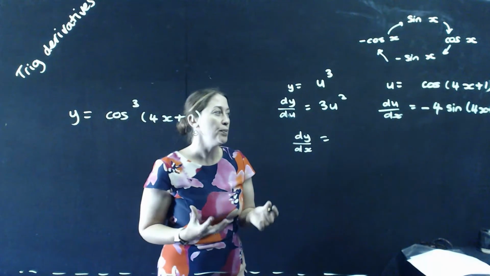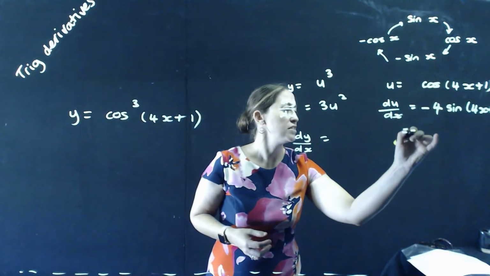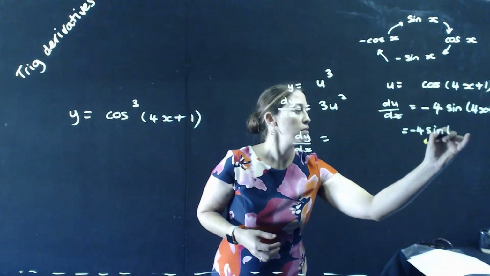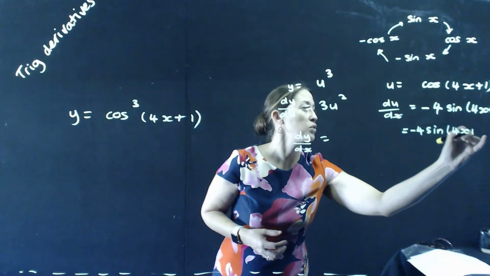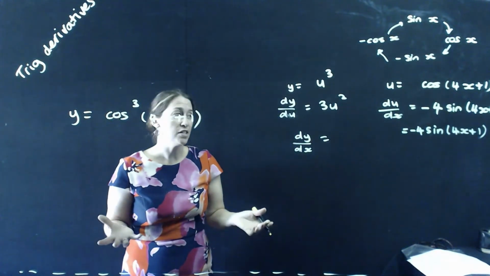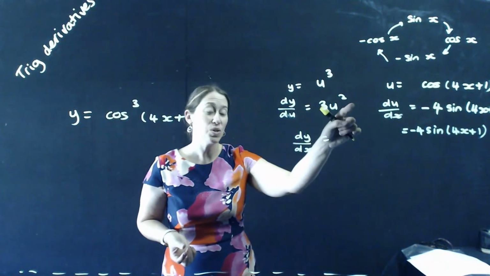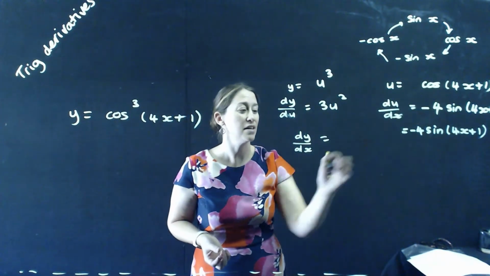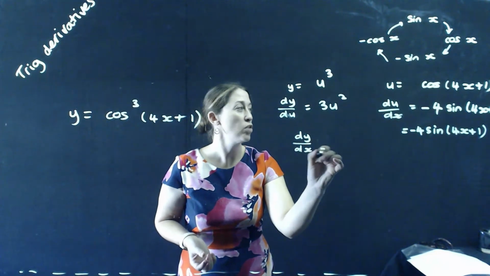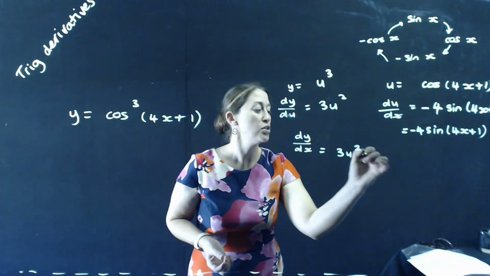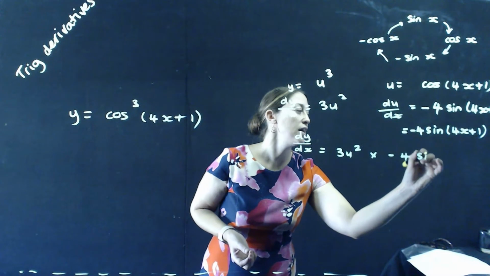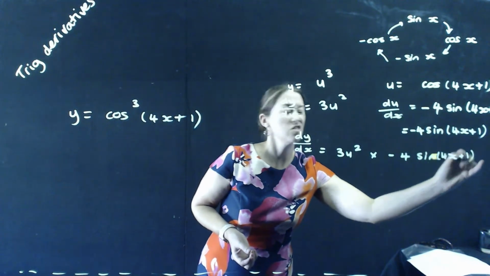Let me write that underneath so you can really see it. Now what I need to do is multiply the result of these two things together. 3u squared, where u is this. So underneath I'll write 3u squared multiplied by minus 4 sine of 4x plus 1, and we can tidy it up.